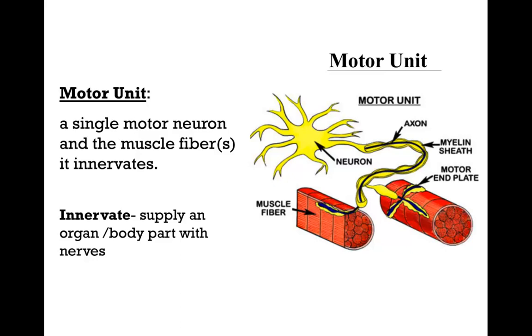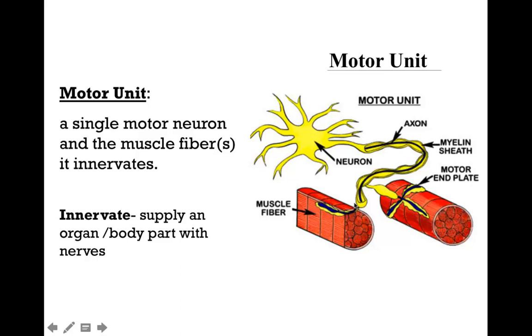So how does this happen? This is accomplished through something called a motor unit. A motor unit consists of a single motor neuron, and that neuron can activate or innervate more than one muscle fiber. Innervate means you supply an organ or a body part with nerves. Here's the neuron. When it gets ready to send an activation signal, that signal travels down the axon that's protected by this myelin sheath.